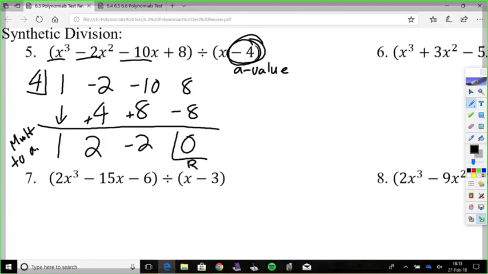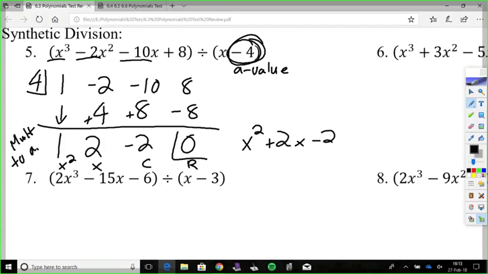So what I remember doing is mark the last digit as your remainder. That makes the next one over your constant, then the next one over your x, and then the next one over your x squared. So if you're going to write this all out, we have 1x squared, which you can just write as x squared, plus 2x minus 2, and then your remainder is 0, so you don't have to write it.